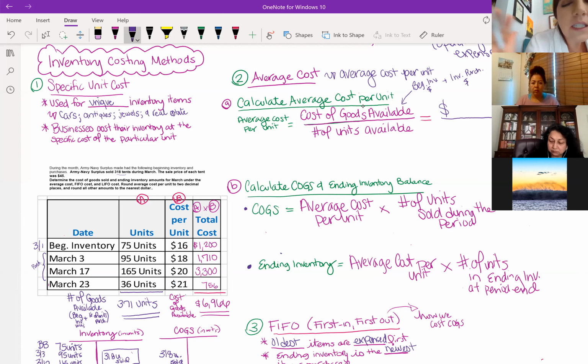So we added up the total cost of inventory. We calculated 6,966 in our cost of goods available. We're then going to divide it by the number of units available, so the number of units in beginning inventory plus the number of units purchased, which was 371 units.